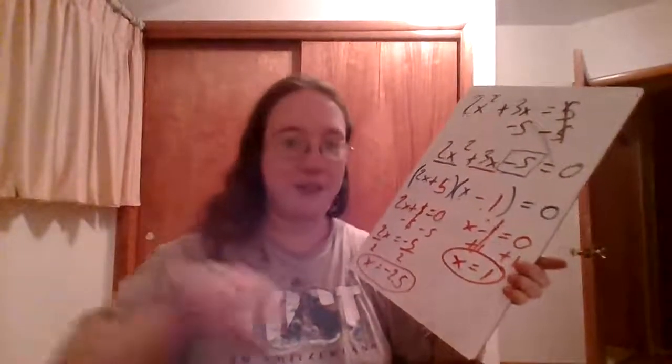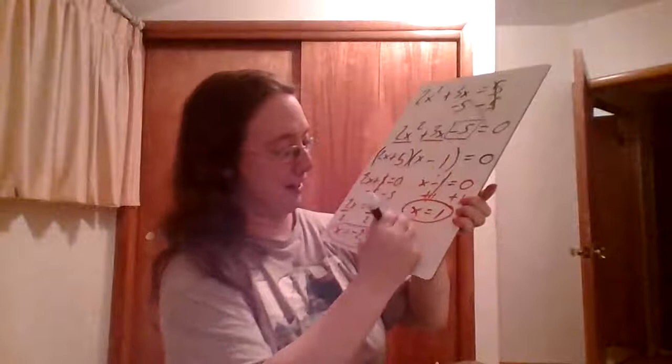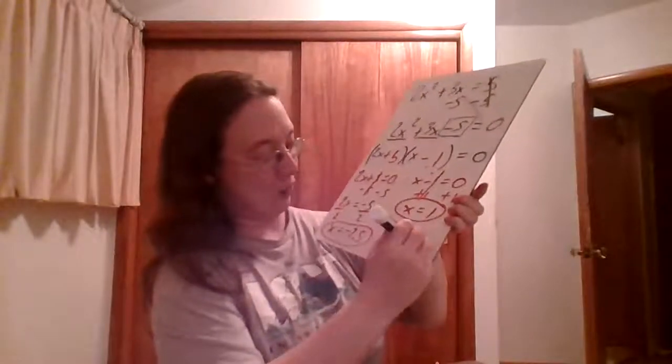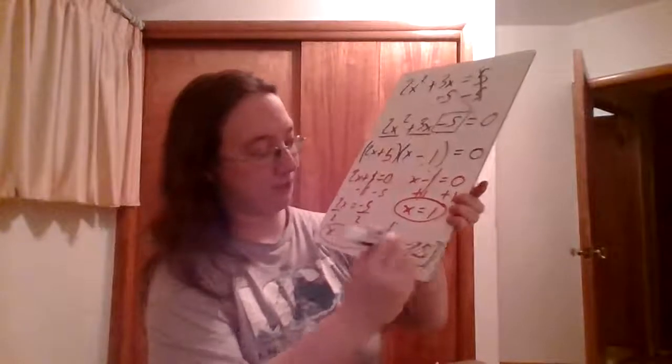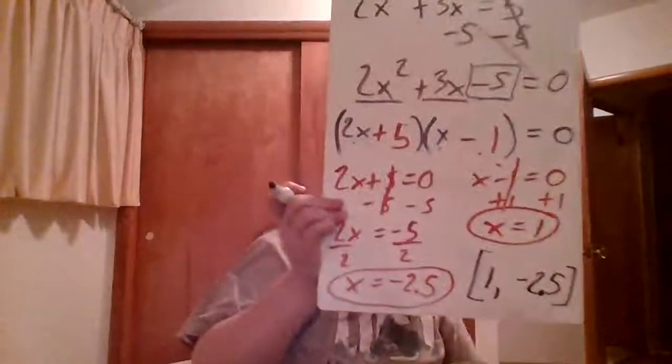Now, quick thing you're going to see in the book, if you see the term solution set and then you see a bunch of numbers in brackets, technically your solution set here is 1 and then also a negative 2.5, and no, it doesn't matter which order those are in. So if you're looking at the last problem on the homework, which is, hang on, that's number 47.